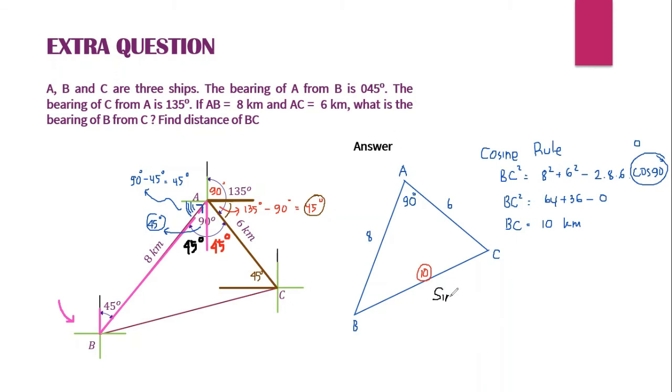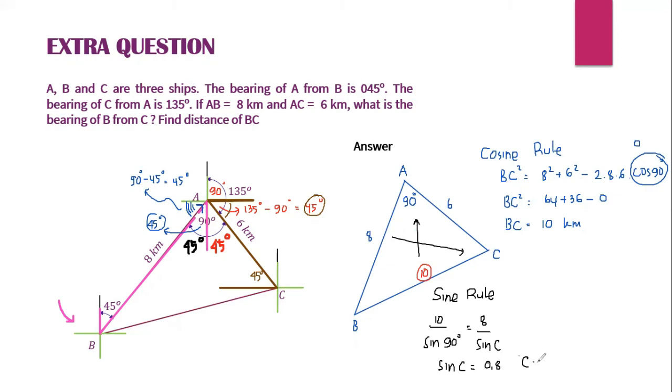So the sine rule is 10 over sine 90 degrees, which is 1, and then a over sine C. So sine C equals 0.8.